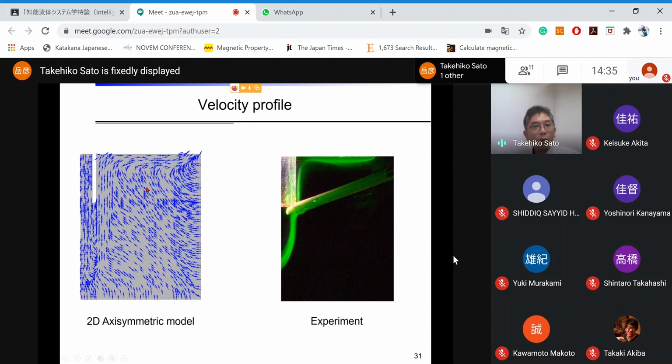From this we could know the velocity distribution like this. So this gas is a little bit hot, so after going out it goes up due to buoyancy, and the surrounding gas also goes up with it like this.